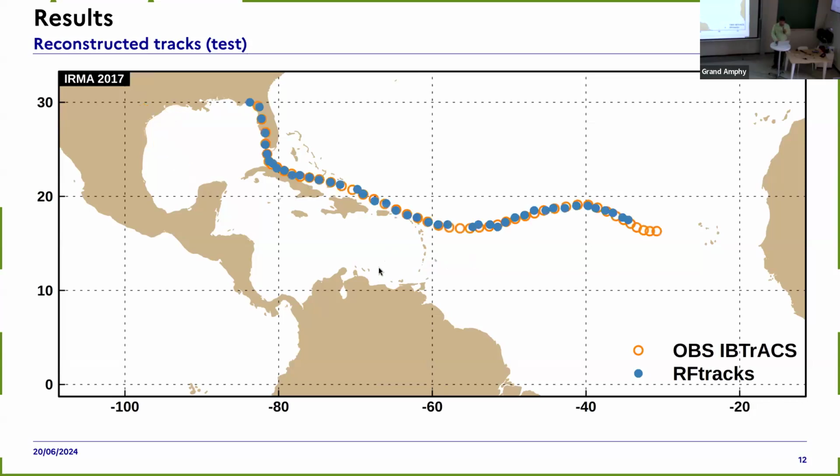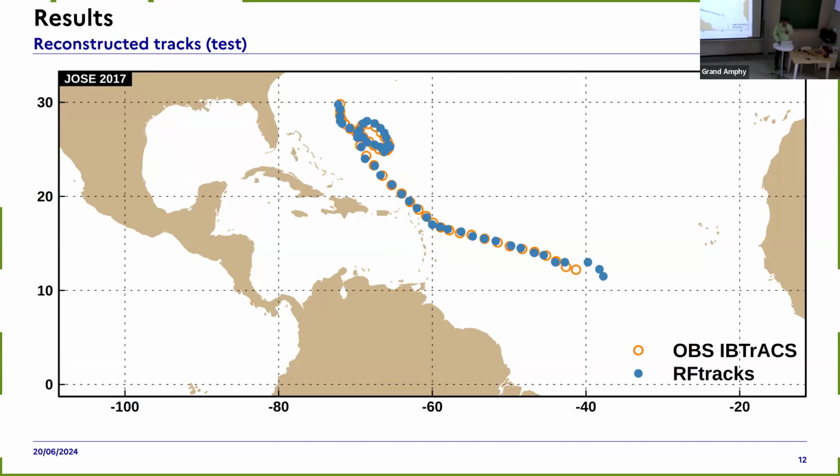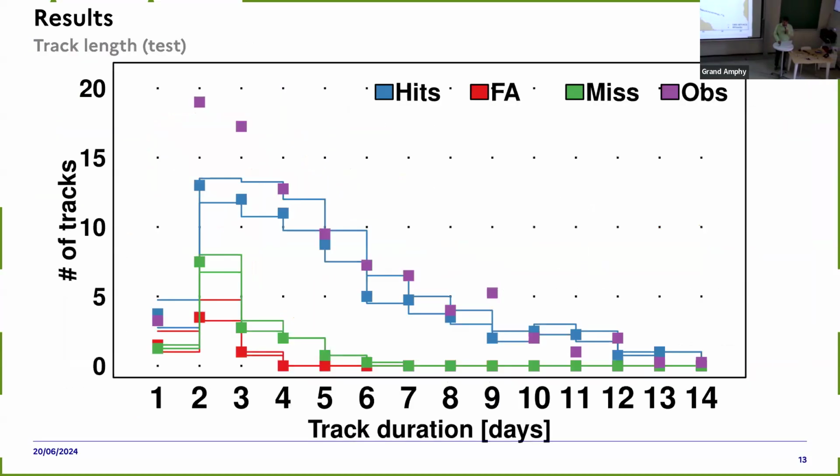So we are able to actually separate these 4 tracks in the reconstruction. The observations are in orange, and the reconstruction are in blue. We have very different types of tracks that are quite well captured here.